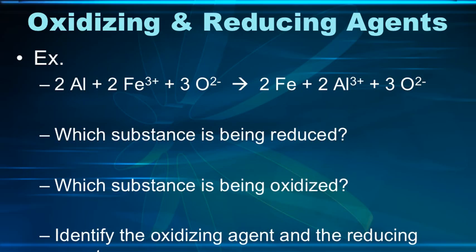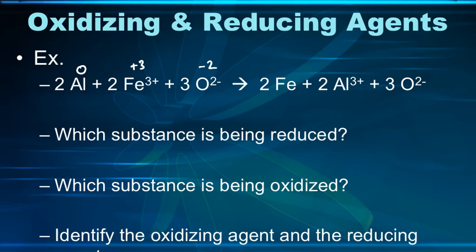Let's run through an example here. If something has a charge, that will be its oxidation number, so that's very helpful. In this first example, elemental aluminum does not have a charge, so it has an oxidation number of 0. This iron here has a +3 charge. This oxygen has a -2 charge.